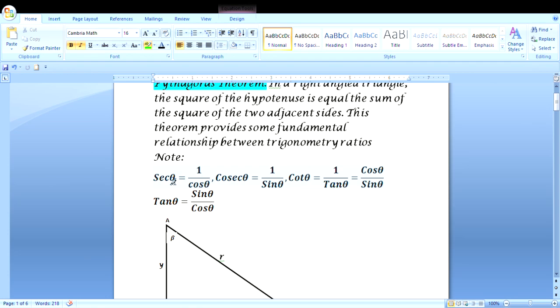We can easily do that by looking at the third letter from the left hand side, which is C, inverse of cos. Now cosec is 1 over sine theta, which is the inverse of sine, while cot is the inverse of tan. But tan theta is also sine over cos.